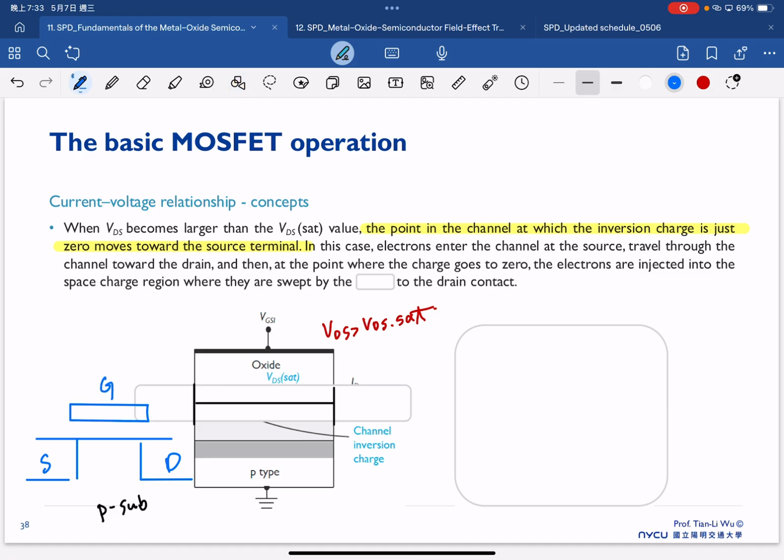Now we continuously increase VDS larger than VDS set. That means we increase the reverse bias of this PN junction. So increased reverse bias means our depletion region is getting wider and wider. So that means we have the large depletion region, which is the space charge region here.